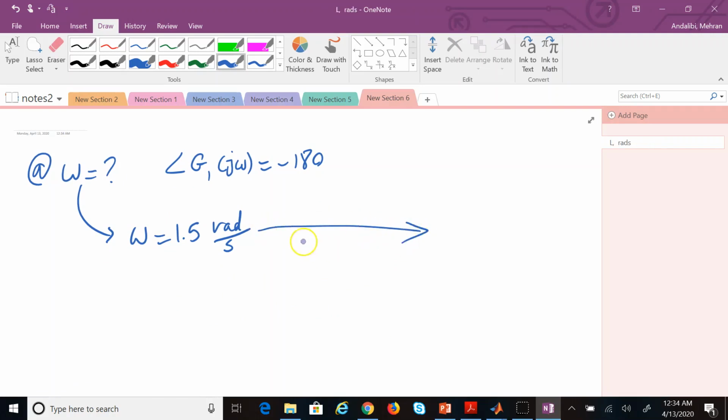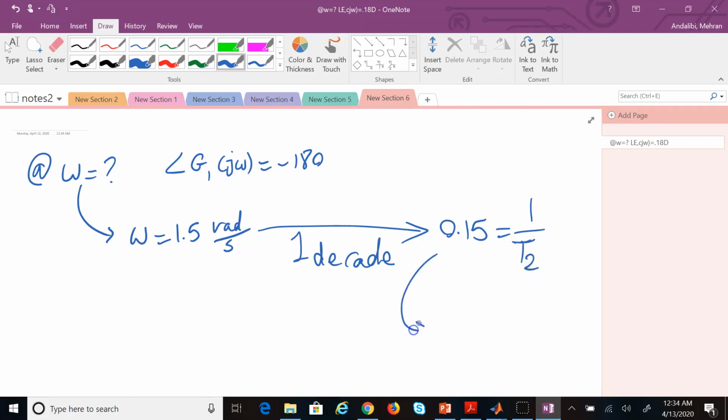Your textbook went down 1 decade. If you go 1 decade, you're looking at 0.15. This is the zero of the lag portion, right? So from here, of course, you can find T2, which should be 6.67.